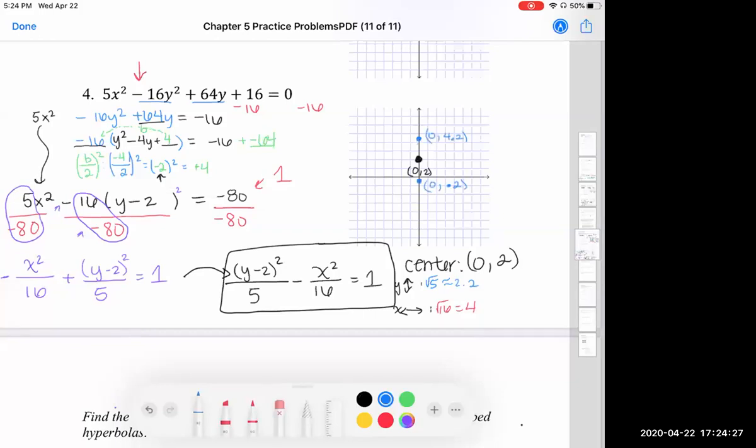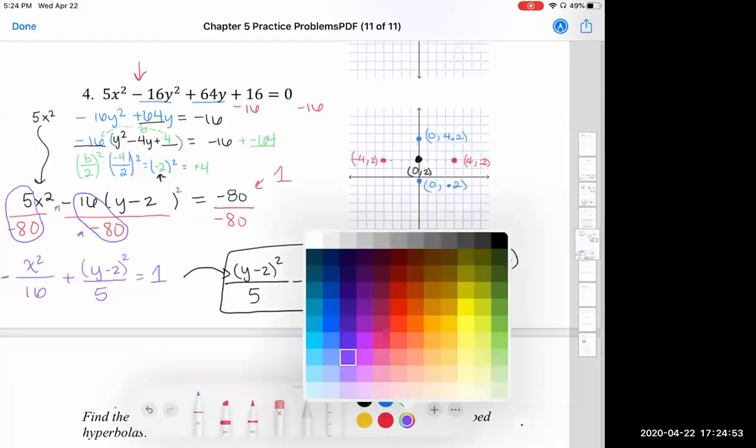And now left and right, we have 4 units: 1, 2, 3, 4. So that's now 4, 2 and negative 4, 2. That gives us an outline for our box. So let's go ahead and draw our box.